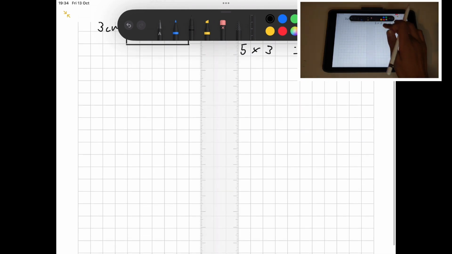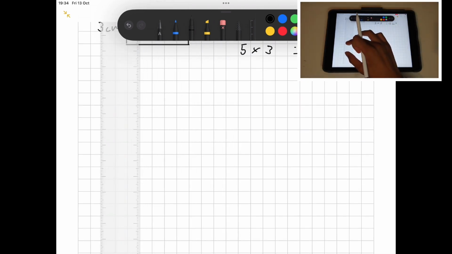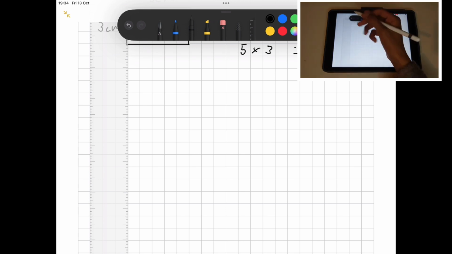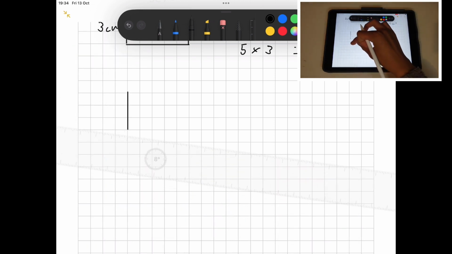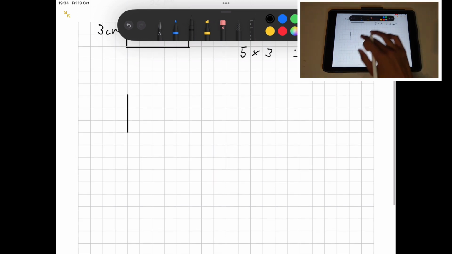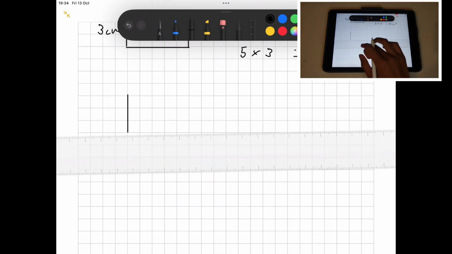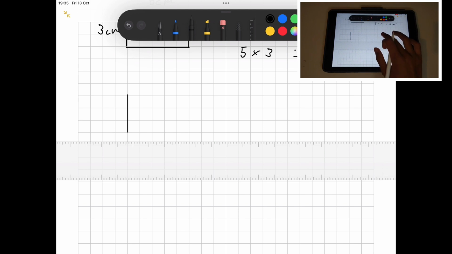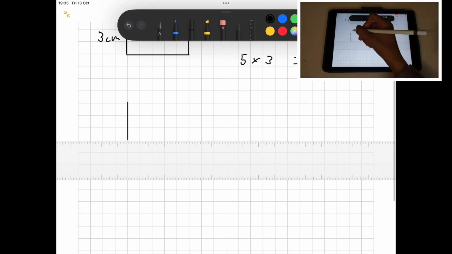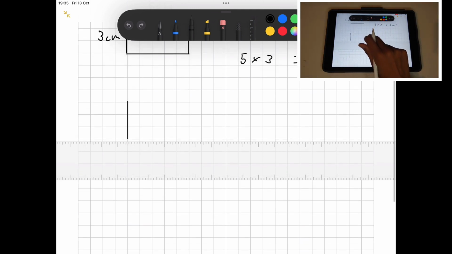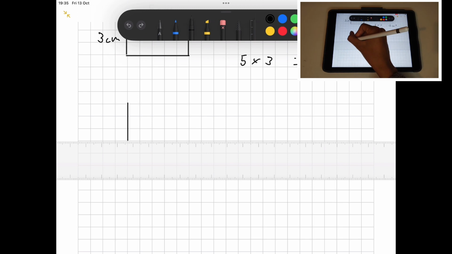However, that's for rectangles. If we then had a triangle, which I will quickly sketch up here. Now this is a right angle. Oh, where's my ruler gone? Now this is a right angle. Oh, I don't like that. This is a right angle triangle.